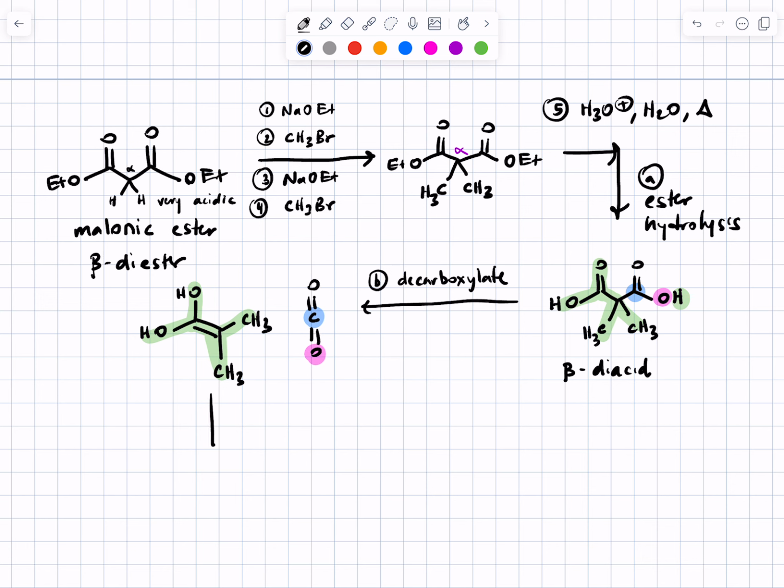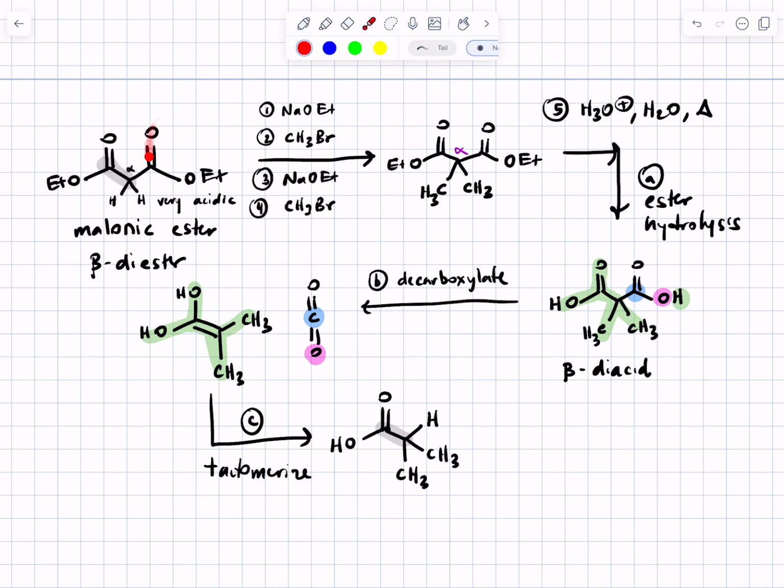And then step 5C is tautomerize to get to the more stable tautomer that has the more stable carbon-oxygen pi bond and the proton on the alpha carbon. Notice that the carbons that are there in the product, these two, were also there in the starting material, and these other two carbons we lose to CO2.